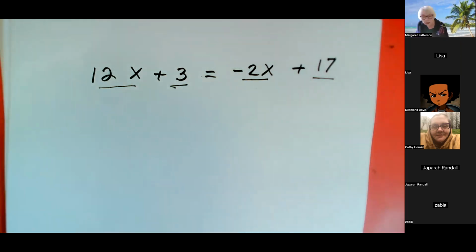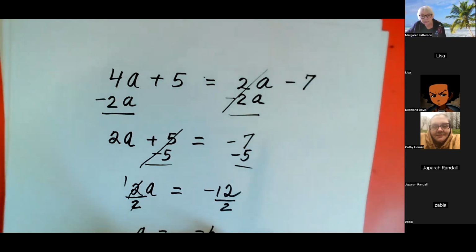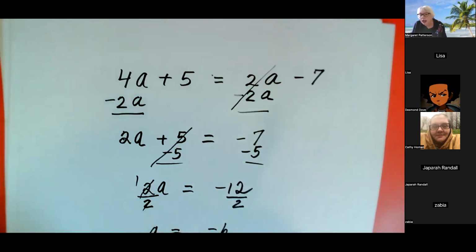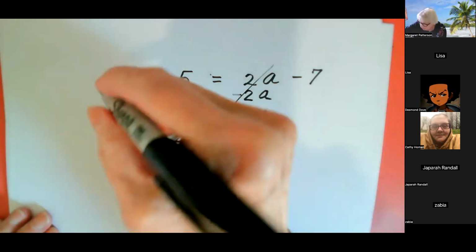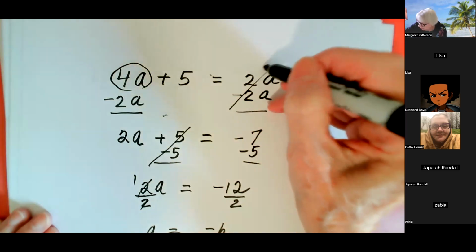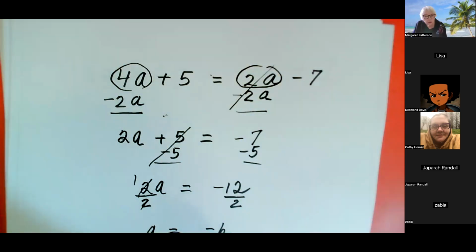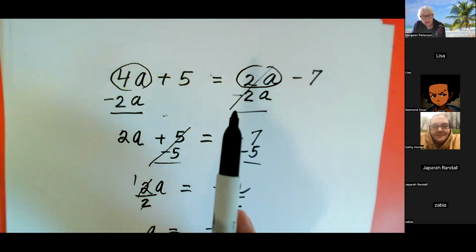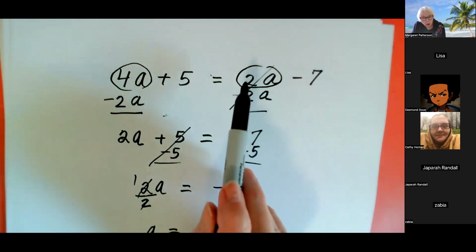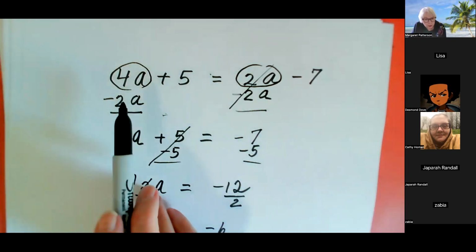Can I ask a question? Yes. For the last problem, you started with the 2a as opposed to the 4a, and I figured we'd go left to right as we've always done. Is there a reason why you didn't go for the 4a first? It avoids negatives. In general, if you see a 4a and a 2a, and you have to choose which one you're going to move or get rid of, the advantage of getting rid of the smaller number is that you avoid negatives.